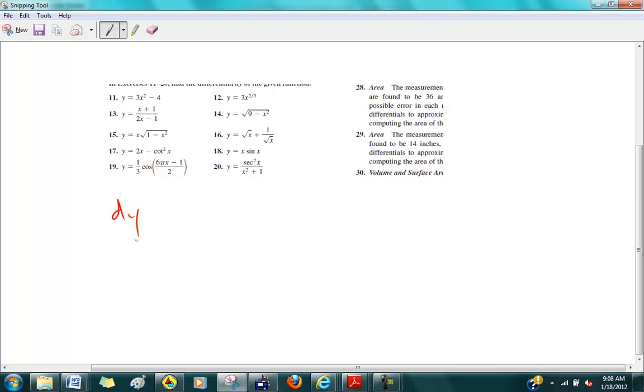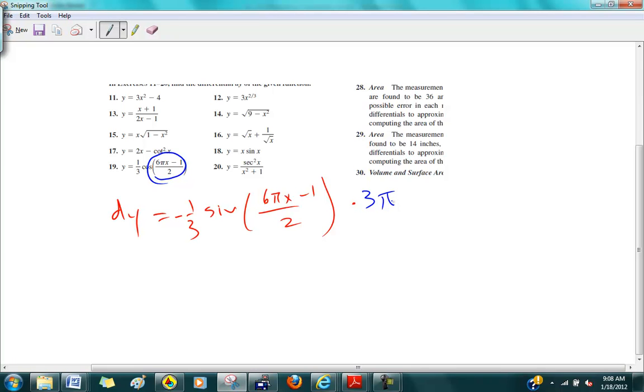Okay. dy is going to be equal to 1/3. What's the derivative of cosine? Negative sine. So you're going to write out straight away negative sine of 6 pi x minus 1 over 2 times the derivative of the inside, which is the derivative of this guy. Sorry? 3 pi. Everybody with Janice on this?